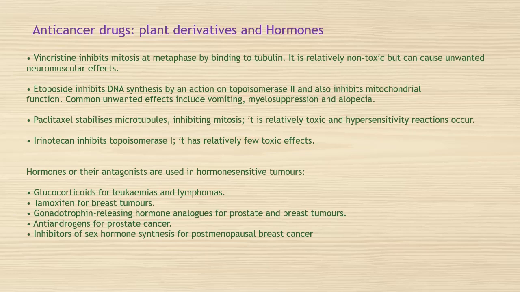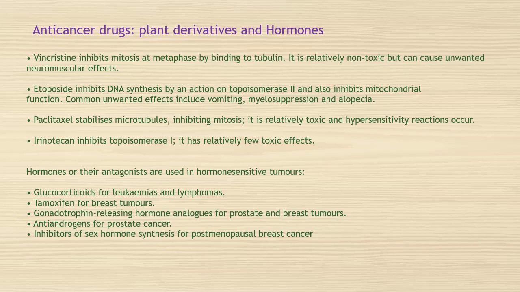Now, talking about hormones, tumors derived from hormone sensitive tissues will definitely be hormone dependent. Like, for example, the breast tissue or the tumors of the pineal gland or the testes, they will all be hormone dependent. So their growth can be inhibited by hormones with opposing actions.